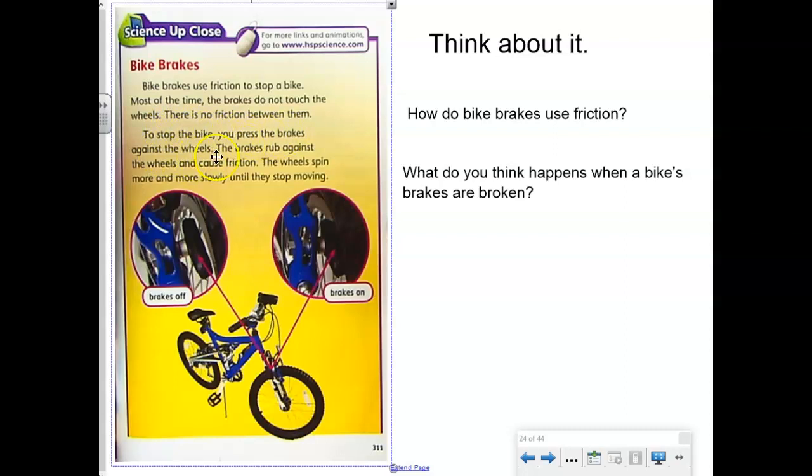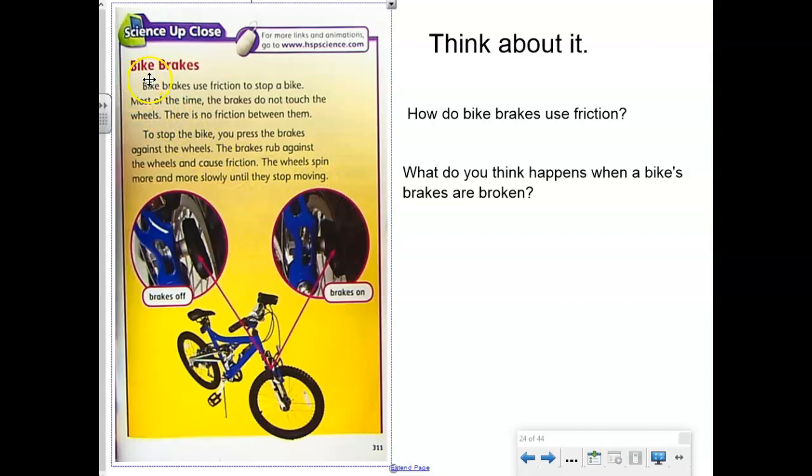To stop the bike, you press the brakes against the wheels. The brakes rub against the wheels and cause friction. The wheels spin more and more slowly until they stop moving.